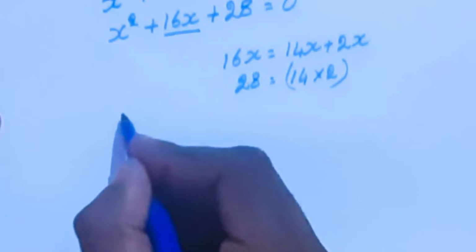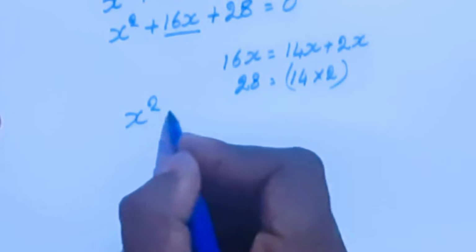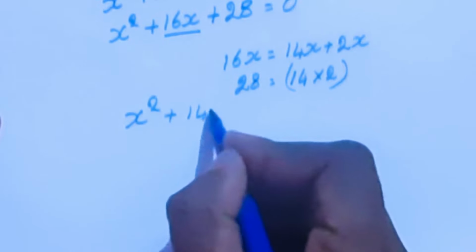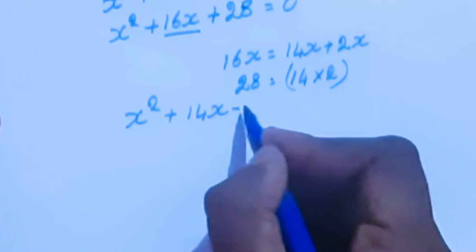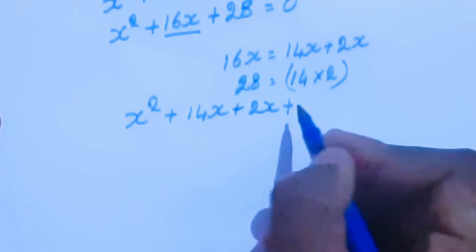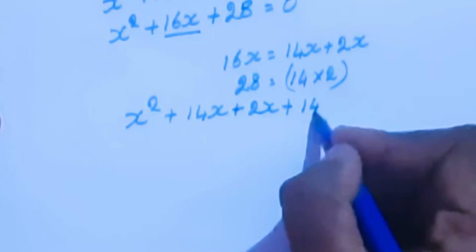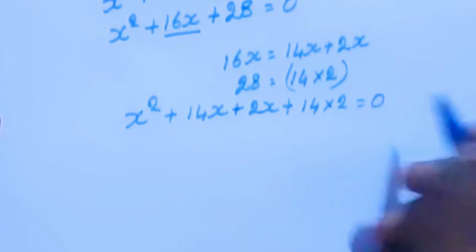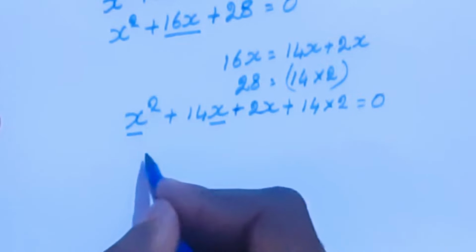So x^2 + 14x + 2x + 14 times 2 = 0. Now this x we are going to take common.